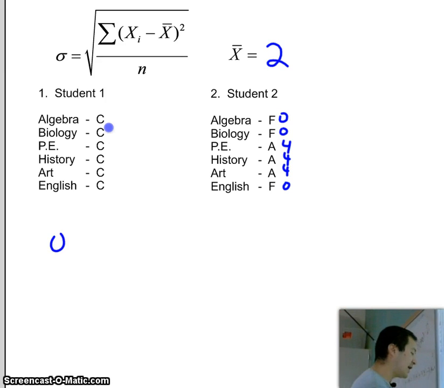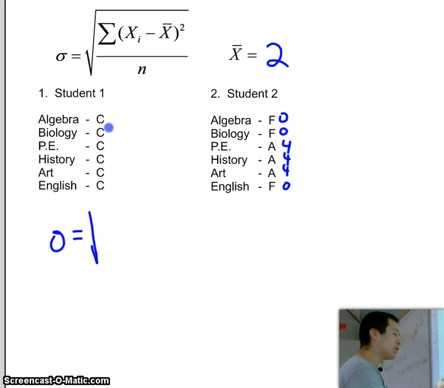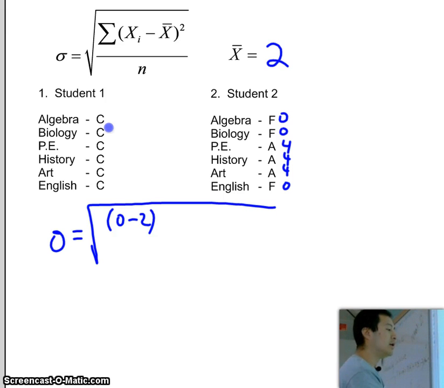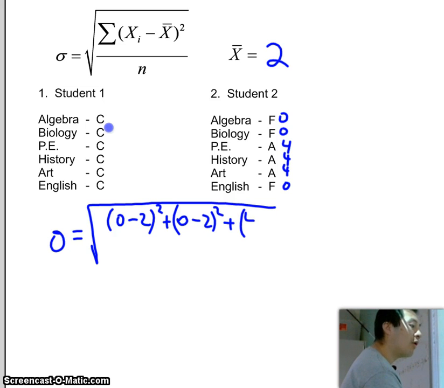To find the standard deviation, you need to take each one of these numbers minus the mean. So that would be 0 minus the mean, which is 2. This is the first one, algebra, squared. Plus biology, 0 minus the mean, 2 squared. Plus PE, 4 minus the mean, 2 squared.